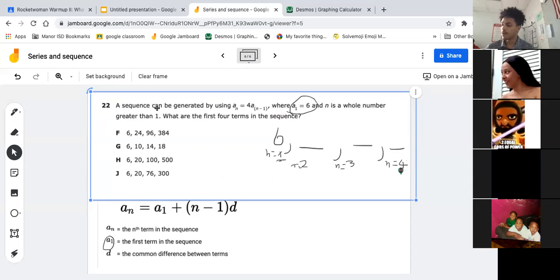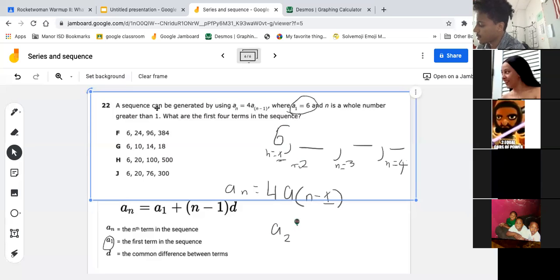So we're just going to use the equation that was given. It says a_n equals 4 a_(n minus 1). And remember, n is the number of terms in the sequence that you want to find. So we found the first term is 6. We want the second. So we're going to find a_2. Well, we're just going to plug in 2 for n in the equation.